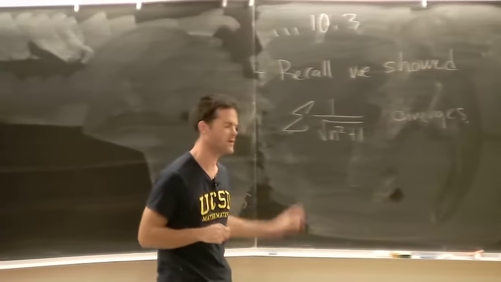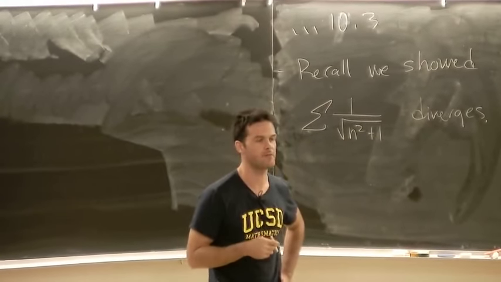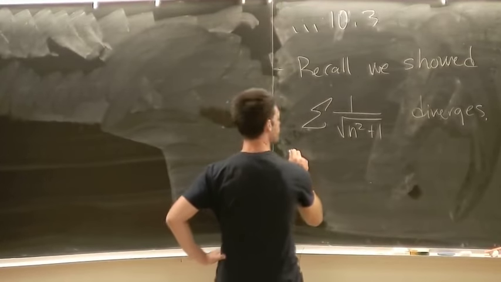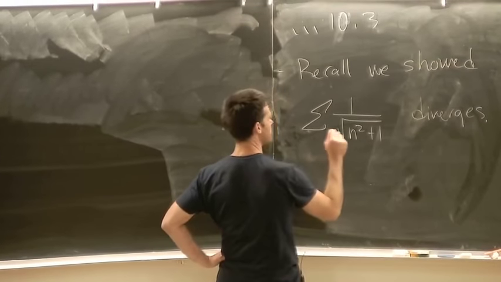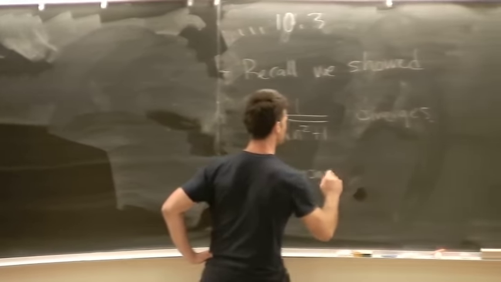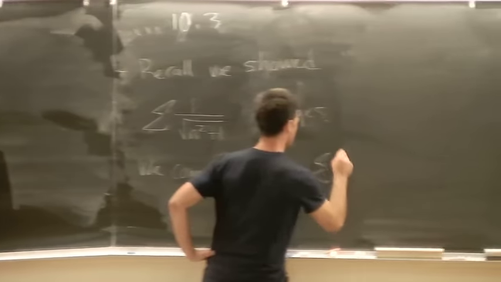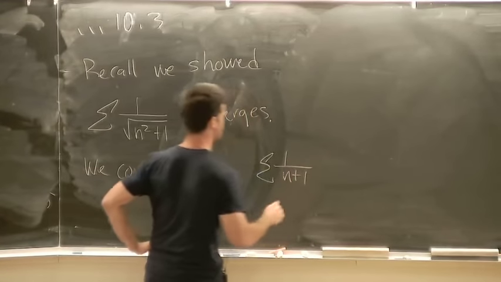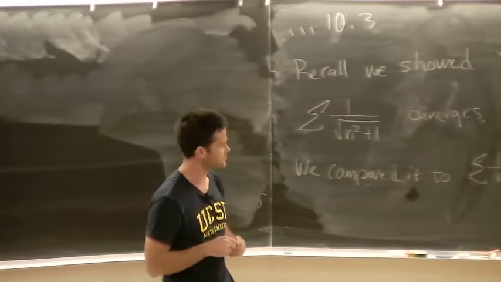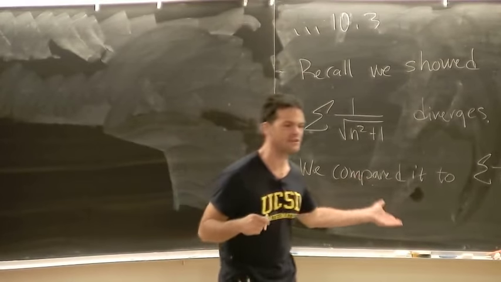But the way that we had to show this, we had to compare it to the series 1 over n plus 1. And it was a little bit tricky to do so.